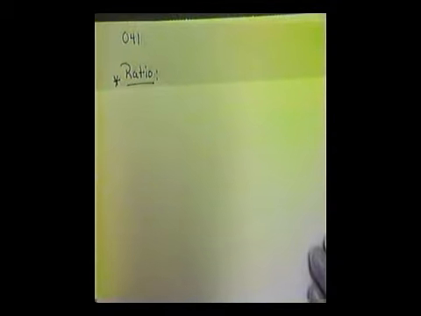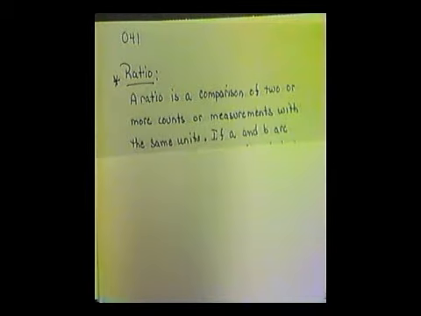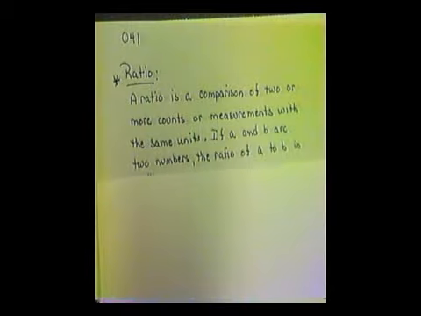Okay, a ratio by definition is a comparison of 2 or more counts or measurements with the same units. If A and B are 2 numbers, the ratio of A to B is written in 3 different ways.